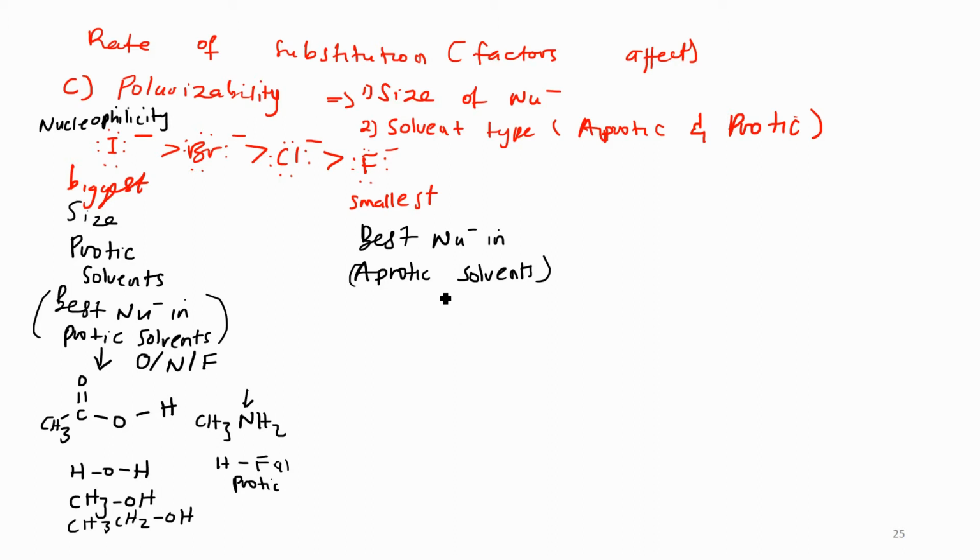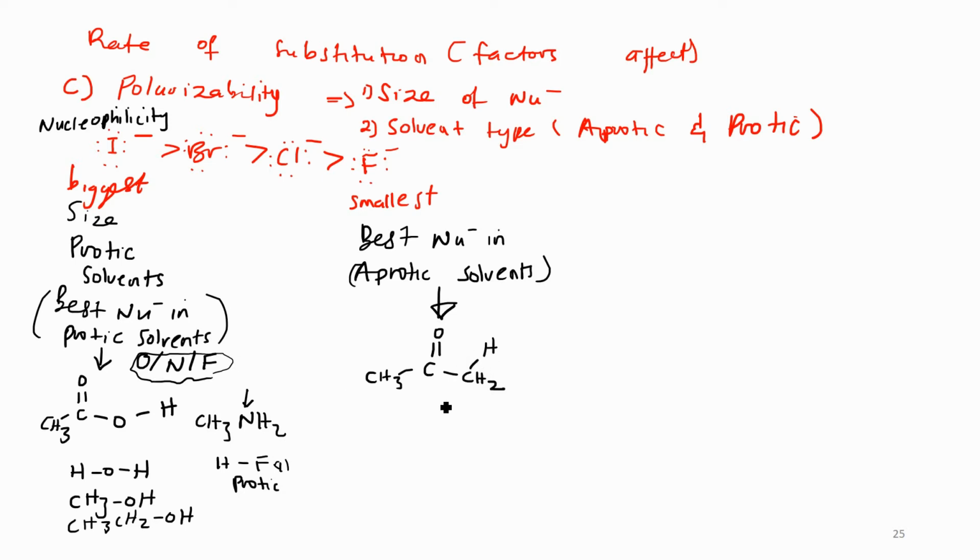Someone give me examples of aprotic solvents. Acetone. Yes, nail polish remover. I will draw these hydrogens. You'll see those hydrogens are bonded to carbon. Carbon is not one of these guys. It's not super electronegative.